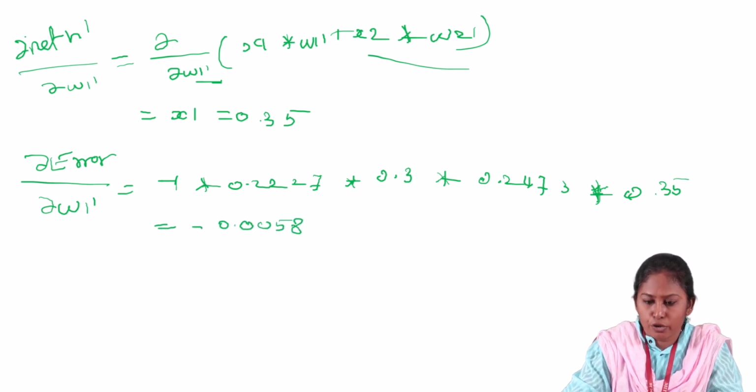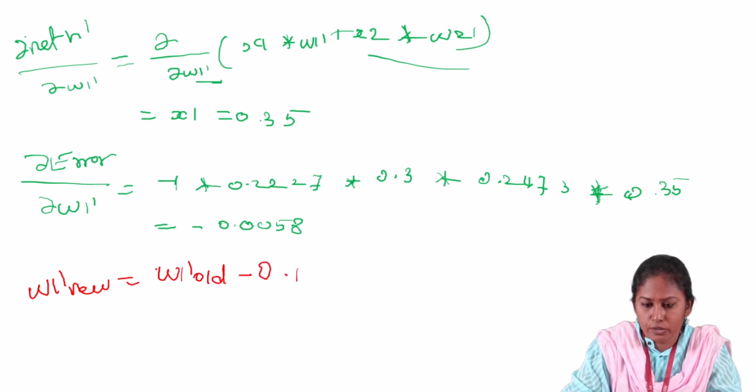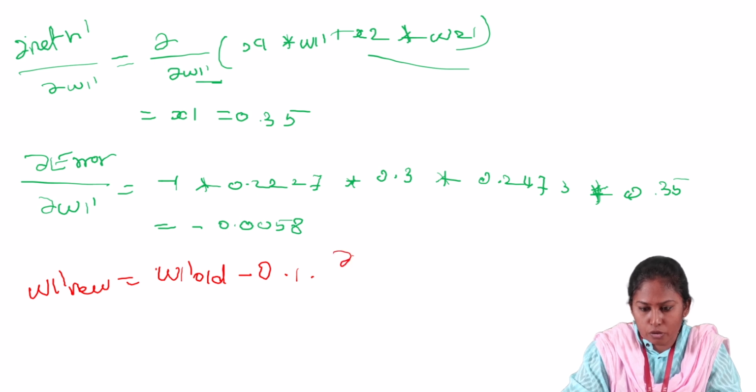If we multiply this, the answer will be minus 0.0058. Now calculating the updated weight, W11 new is equal to W11 old minus the learning rate, which we assumed is 0.1, into ∂error with respect to ∂w11, which is this value, minus 0.0058.